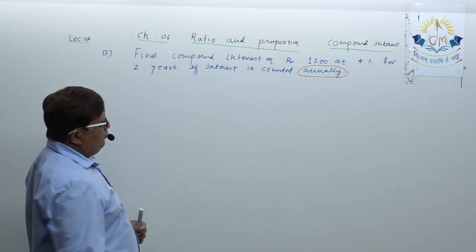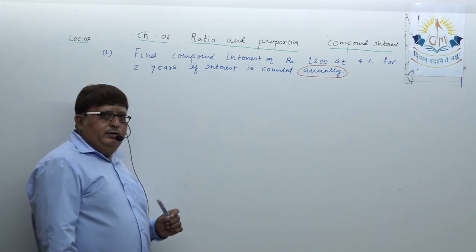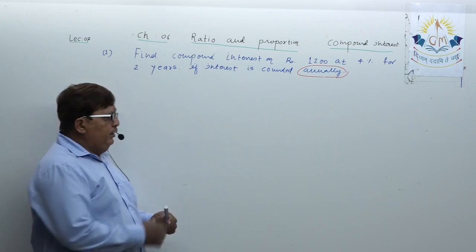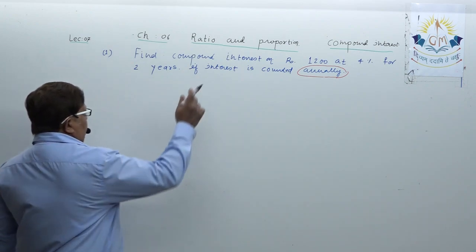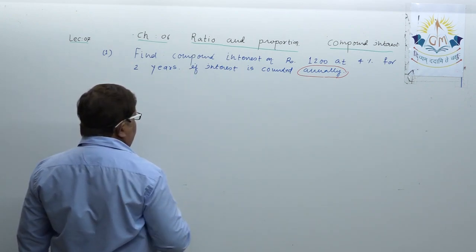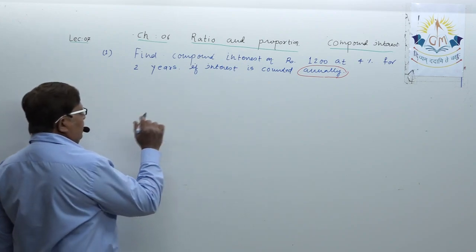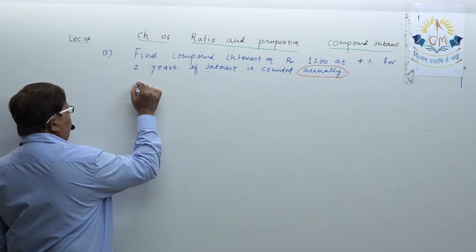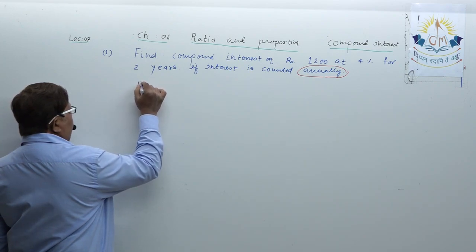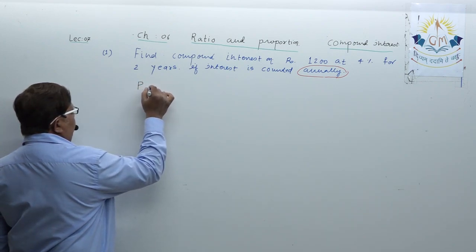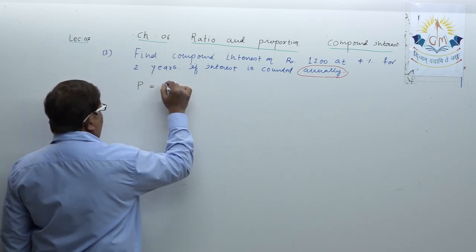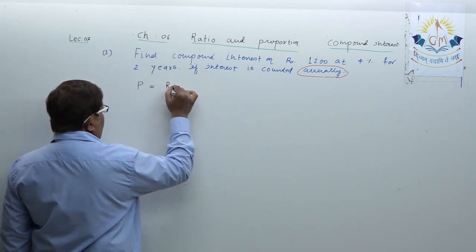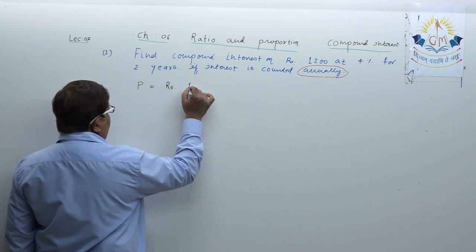See, what is our first target? You are going to count interest on how many rupees? 1200. So you should write P, that's the principal, rupees 1200.